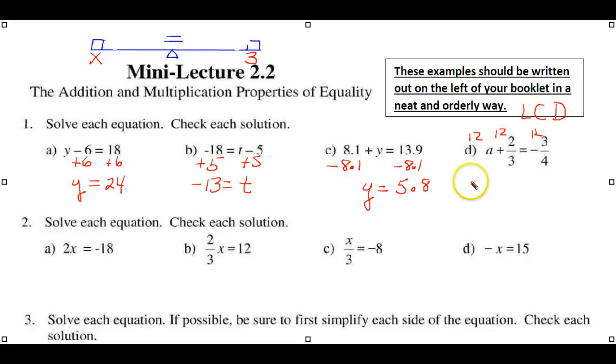So here it's 12a. Here the 3's cancel with the 12, and I get a 4. And 4 times 2 is 8. Now notice the 4 will go into there once, 4 goes into 12 3 times, but it's a negative 3 times 3 is a negative 9.